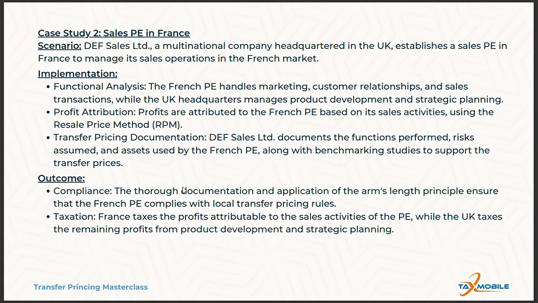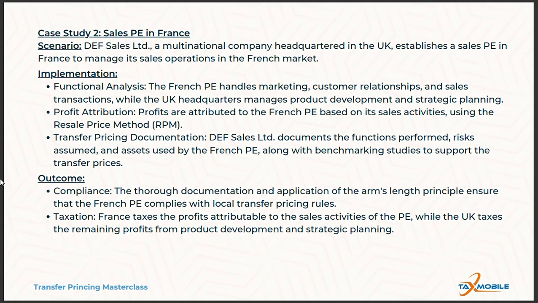Now, they also need to prepare transfer pricing documentation. They need to document the functions performed, the risk assumed, and assets used by the French permanent establishment, along with their benchmarking studies to support the transfer prices. And the outcome will be compliance, because the thorough documentation and application of the arm's length principle ensures that the French permanent establishment complies with local transfer pricing rules.